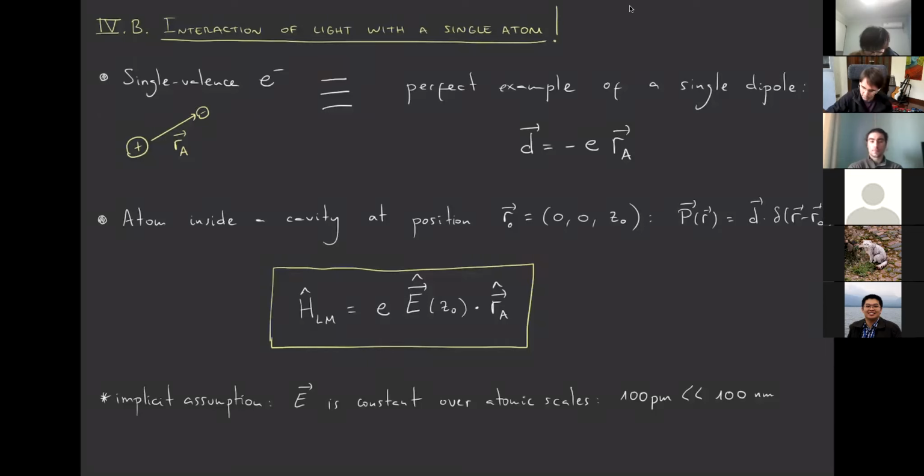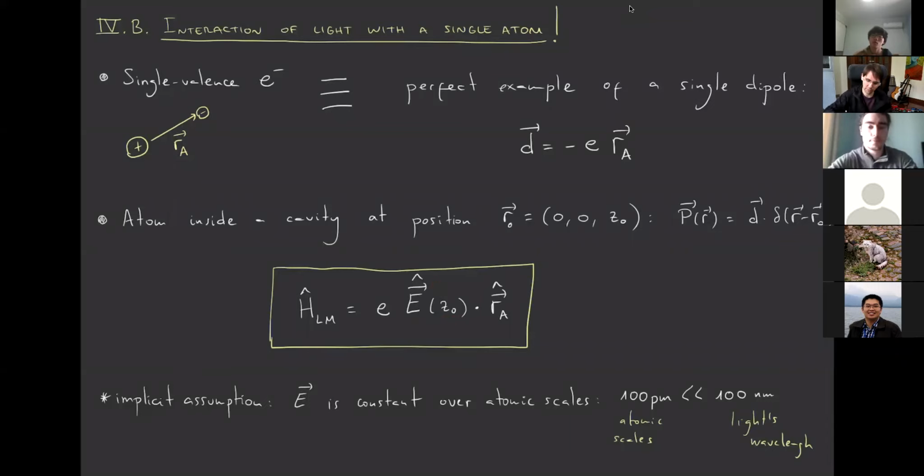So this is light's wavelength, and these are atomic scales. Therefore, within the space of the atom, the electric field is essentially constant. It's just given by the electric field at the center of mass of the atom.